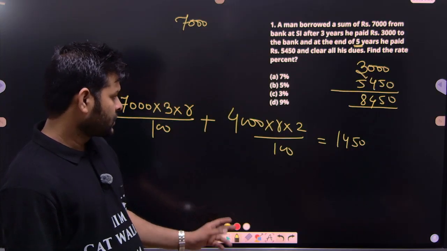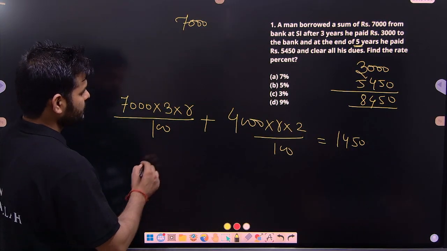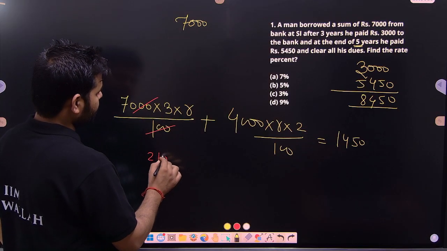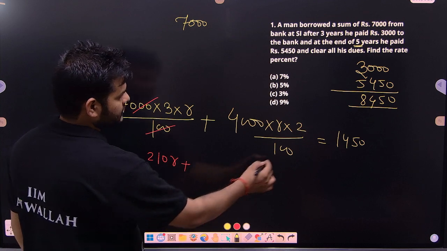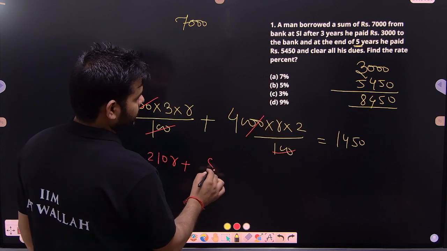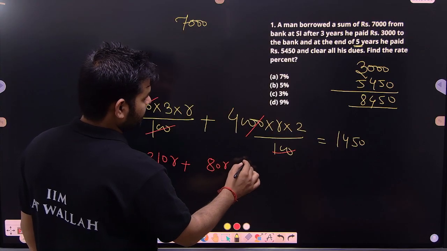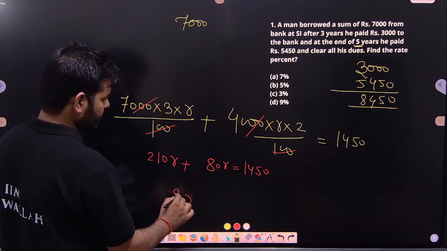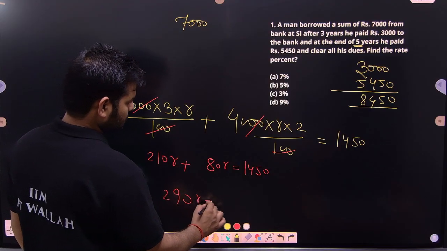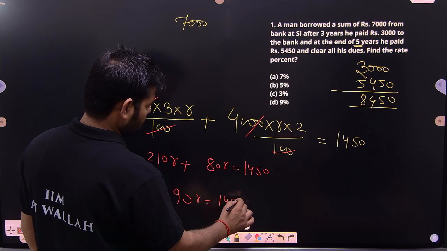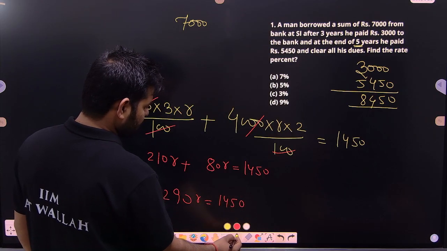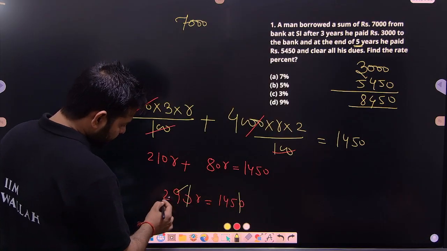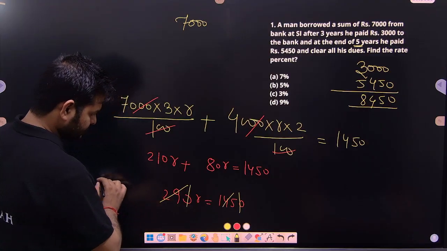Now solve and get the answer. You will get 210 R plus 80 R, that would be 1,450. If you solve, guys, 0 will cancel out 0, that is 5 times of this.